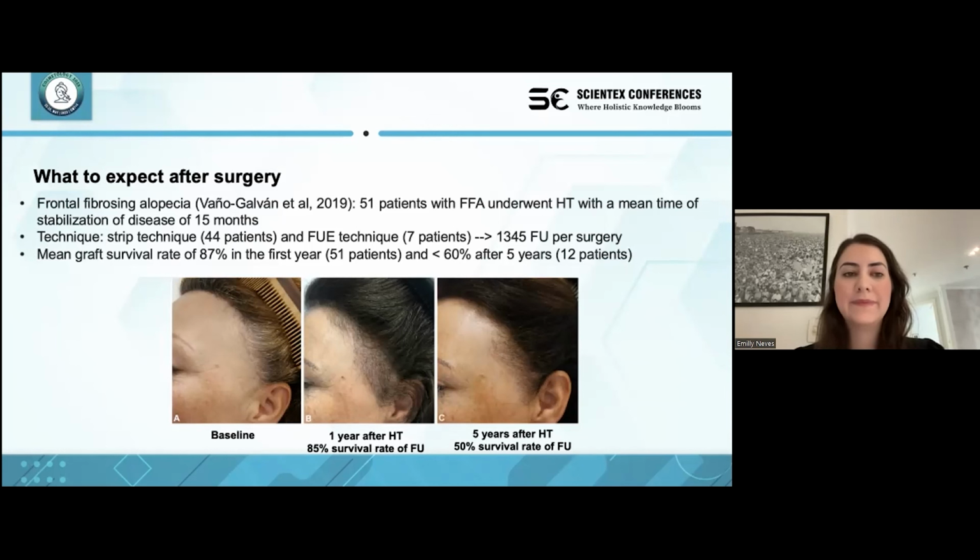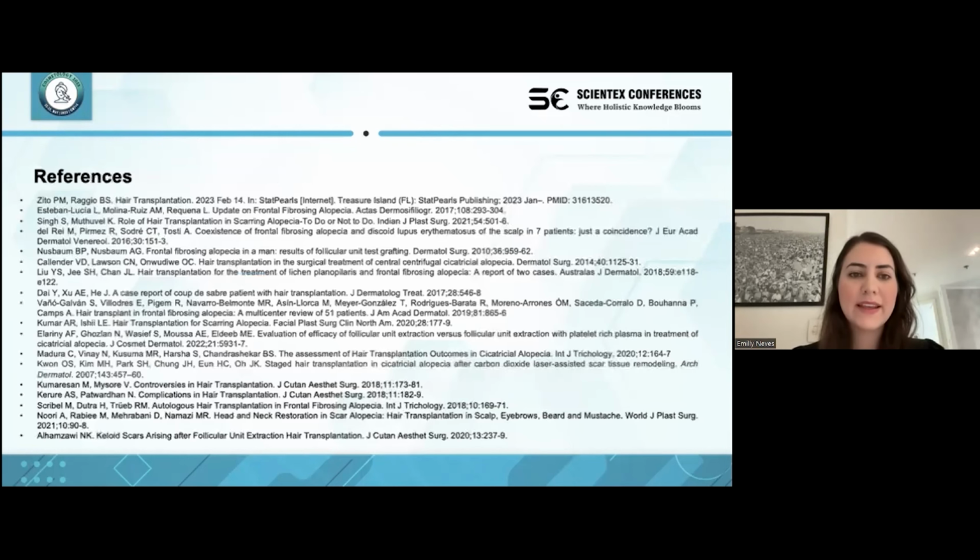It is a huge rate of loss of follicular units, and we must talk about it with the patient before the surgery. And here are my references.